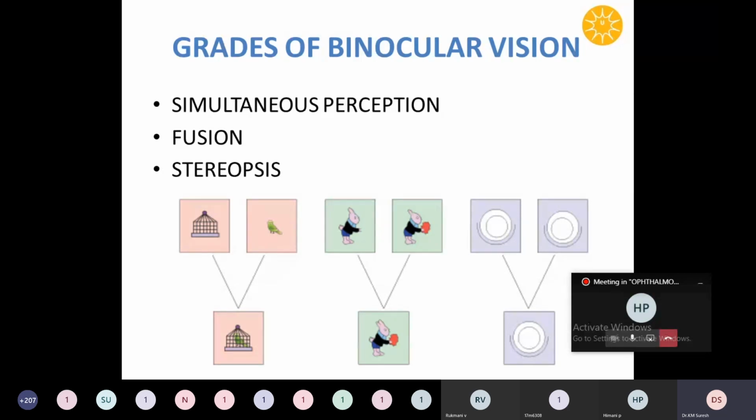For simplicity's sake, you can also use the terminology depth perception for stereopsis. But when you are asked about the grades of binocular vision, whether you like it or not, you are supposed to use the same terminologies. The grades of binocular vision are simultaneous perception, fusion, and stereopsis.